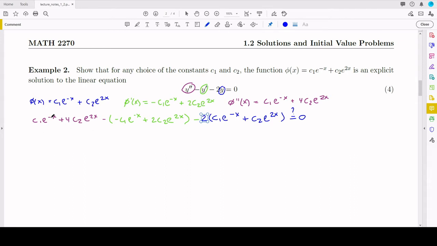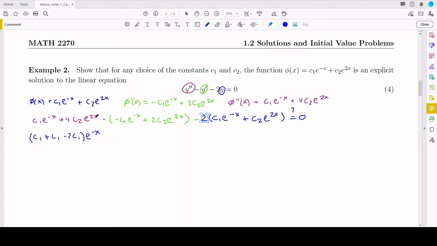Okay, so that's a little bit of bookkeeping here. We have the c1 and a minus minus, so we have c1 plus c1 and then minus 2 c1, times e to the power negative x, right?